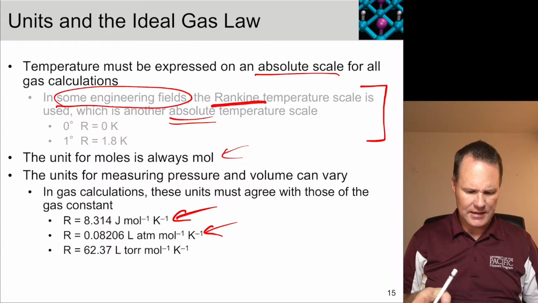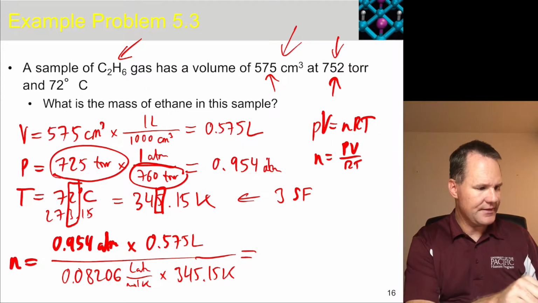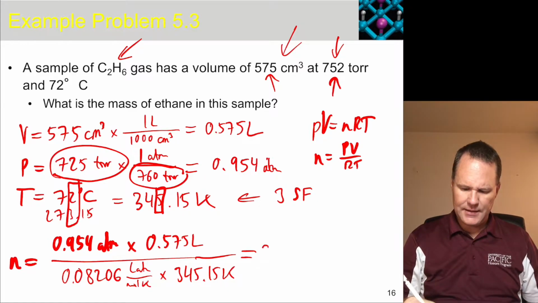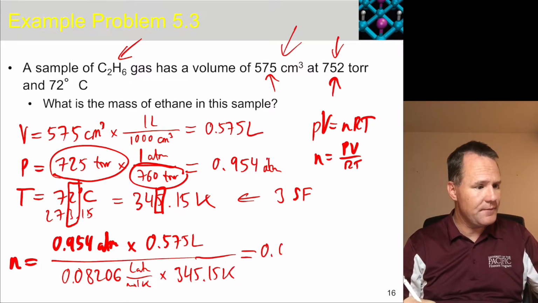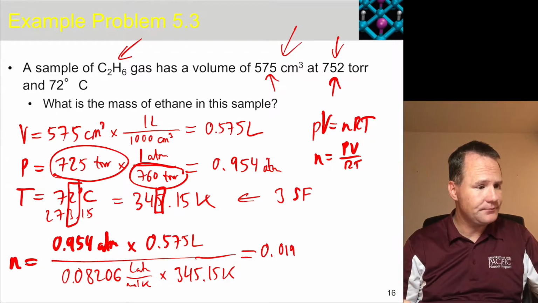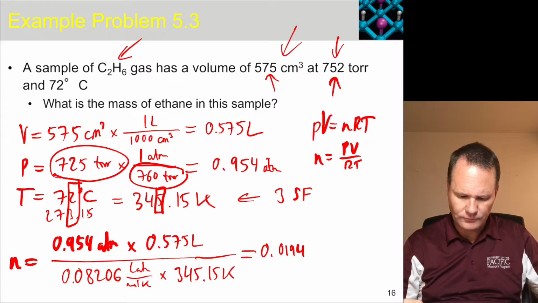Let me just check, it's 8206, right? That's the one I usually don't like to memorize, and 345.15 Kelvin. And what I get is 0.019 blah blah blah 4 moles, okay, of C2H6.